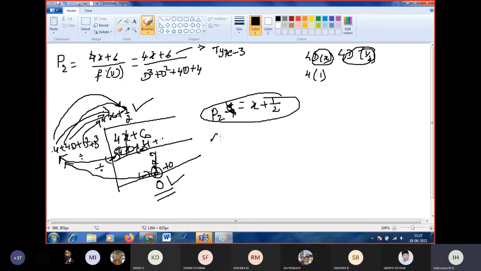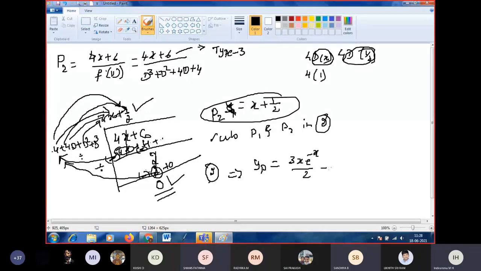Now substitute P1 and P2 in equation 2. Now equation 2 becomes YP is equal to, what is P1? 3x e to the power minus 3x minus x by 2 by 5.